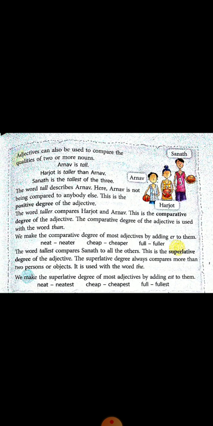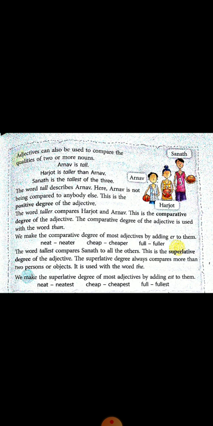Now, adjectives can also be used to compare the qualities of two or more nouns. For example, Arnav is tall. The word tall describes Arnav only. Here, Arnav is not being compared to anybody else.